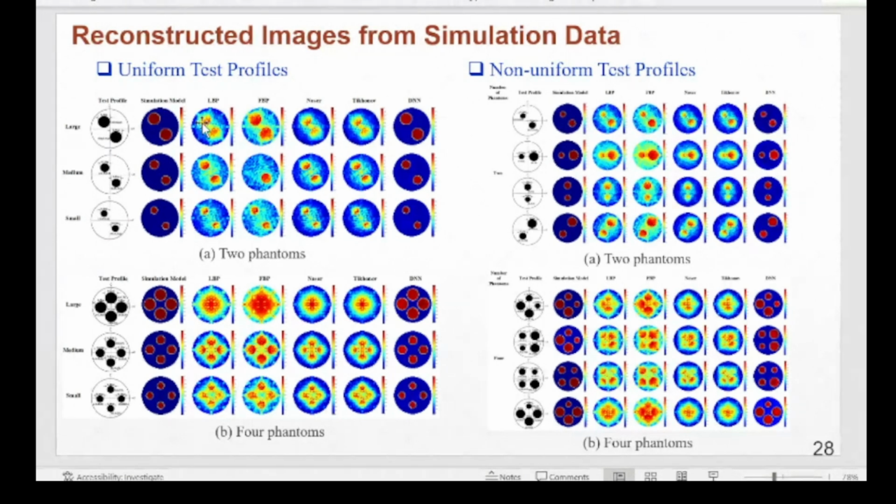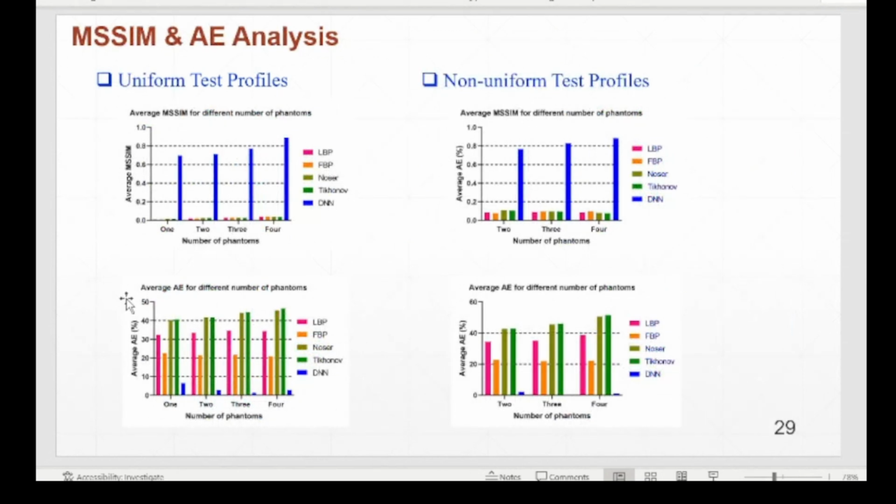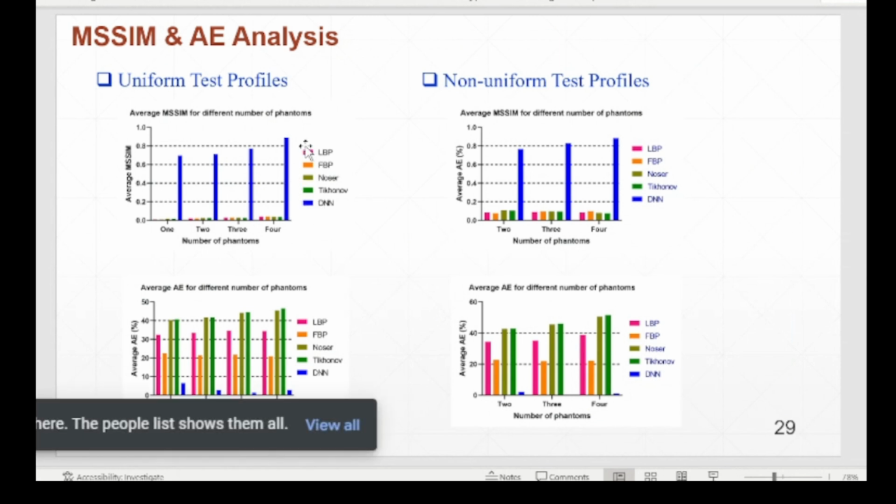The reconstructed images using conventional methods show quite poor images from the simulation model. When you look at the DNN, we get proper results. So this is a nice indication that our model works. Okay, so the results show that the DNN supersedes most of the conventional methods, which are in blue in color.